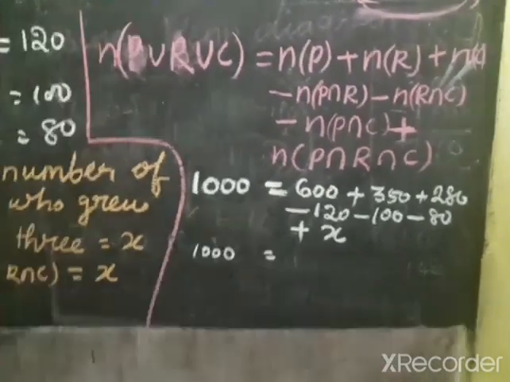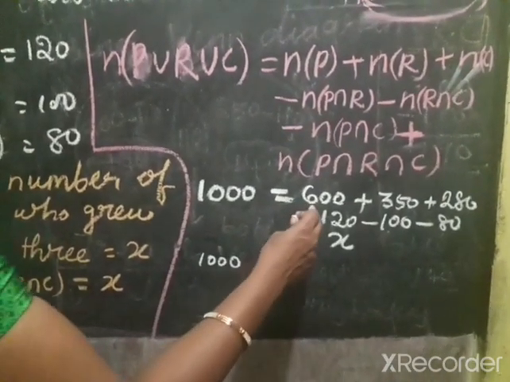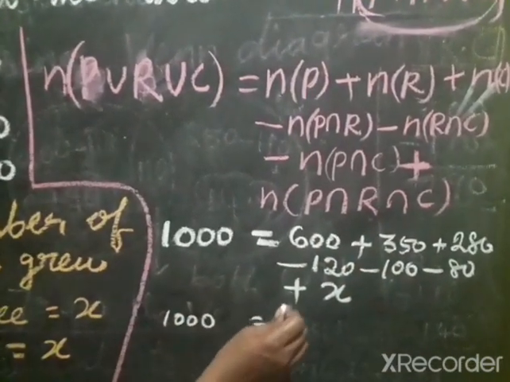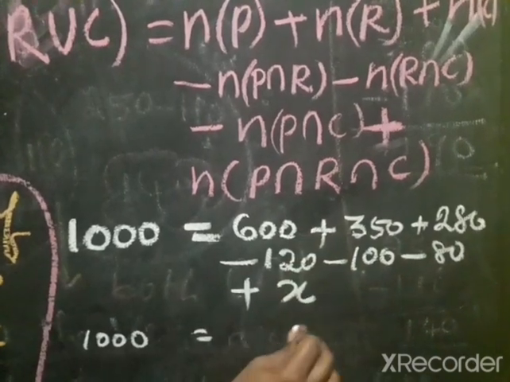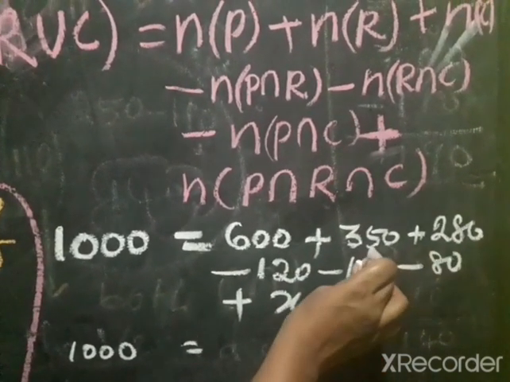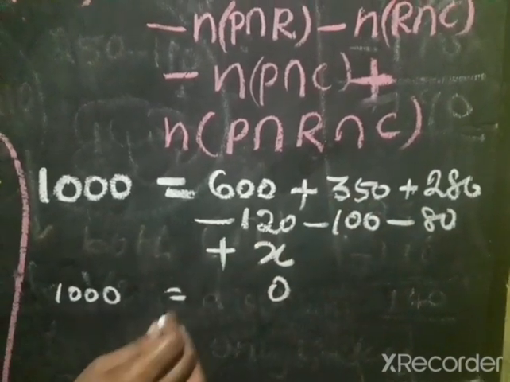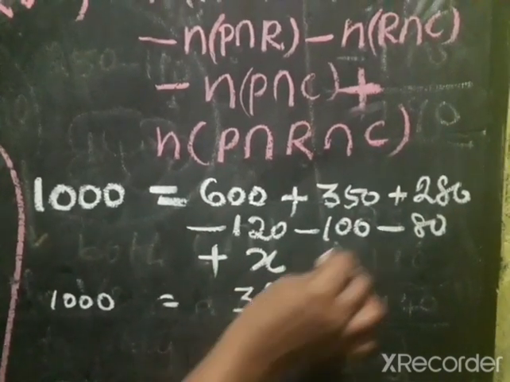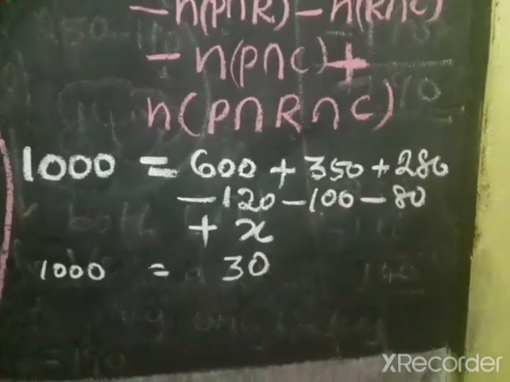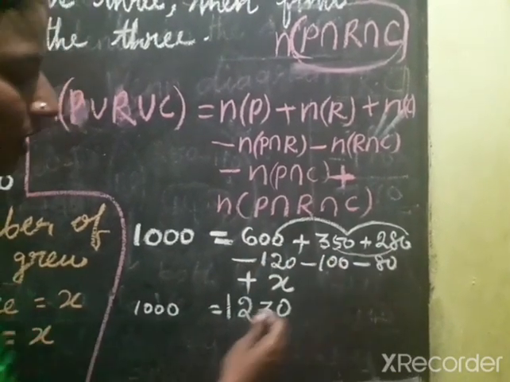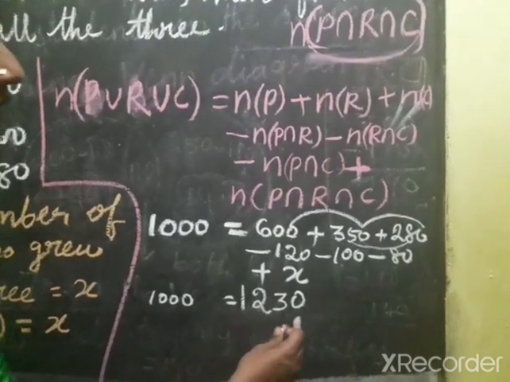Next, add the three plus values: 600 plus 350 plus 280 is equal to 1230.